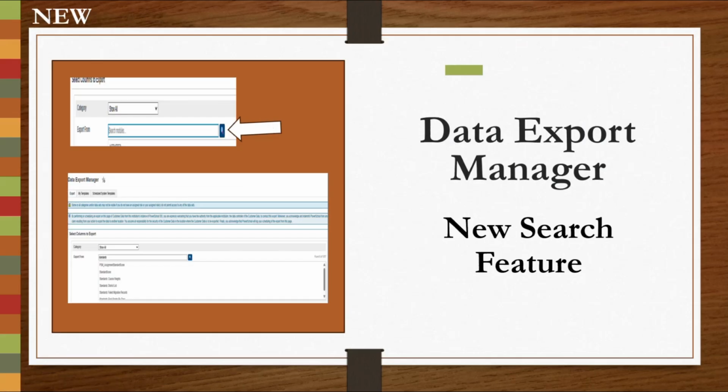This is really cool. If you use Data Export Manager very much, there's a new search button that's been added at the end of the export from line. So for instance, I'm in Data Export Manager and I say show all, I get a huge list of things to look for.